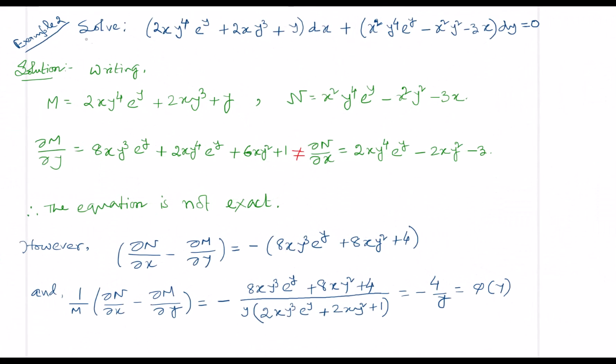In example 2, we see this equation is also not exact, and we find this 1 by m into del n by del x minus del m by del y, that is equal to minus 4 by y, and say that is equal to phi(y).